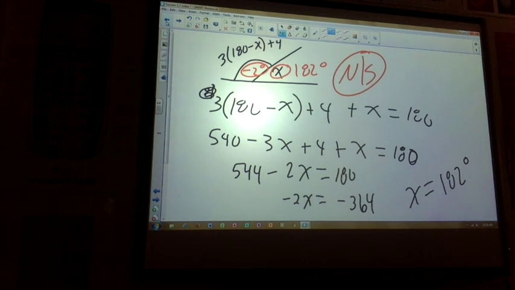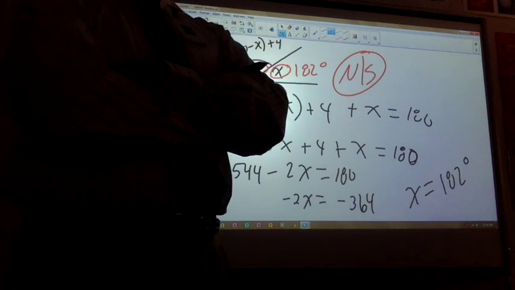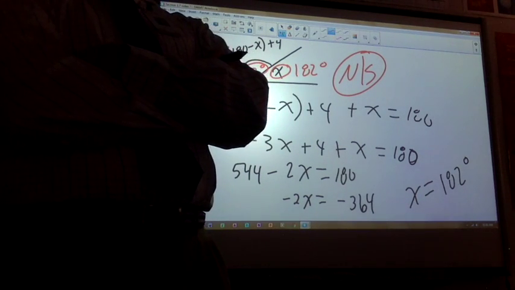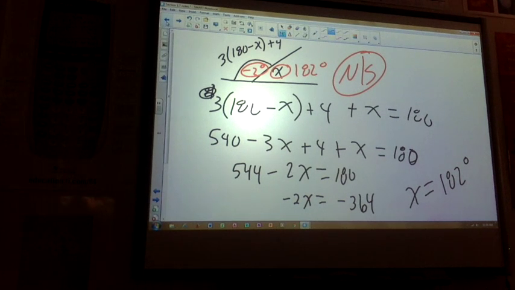What's that? What is the angle equal to? No, what is the angle equal to? What does the problem say? Well, yeah, 3 times. I don't know how to do this in words. Should it be equal to 180 degrees? Yes.